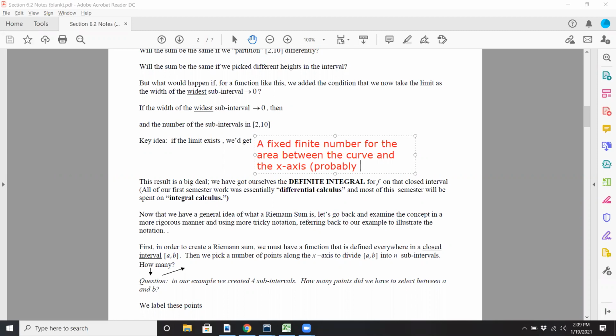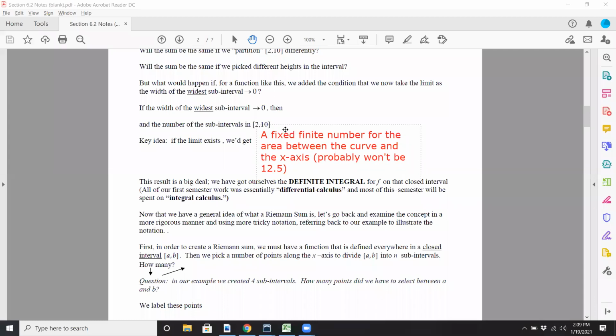And it probably won't be 12.5, which I just did up above. And let me select that. Oops, select. There we go. It won't matter how we partition, because we're letting each interval get really tiny, really narrow, really thin.